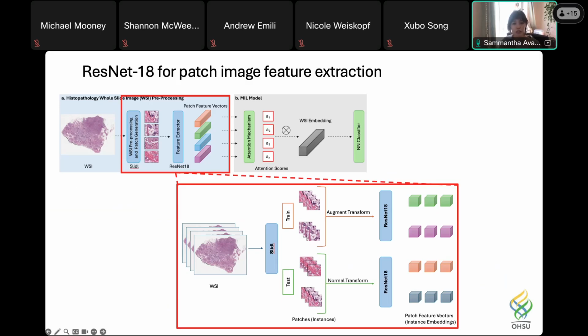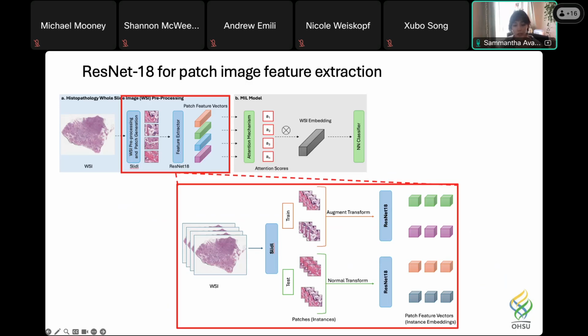And so after this, finally, to extract our clinically relevant morphological features from these H&E image patches, we used ResNet 18, which is a common convolutional neural network used to extract image features. A key characteristic of ResNet 18's architecture is its ability to capture global features such as edges and shapes in its earlier network layers, as well as more intricate and complex features and patterns from the network's deeper layers.